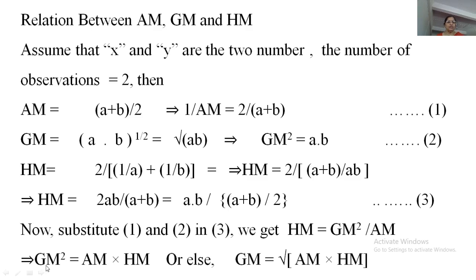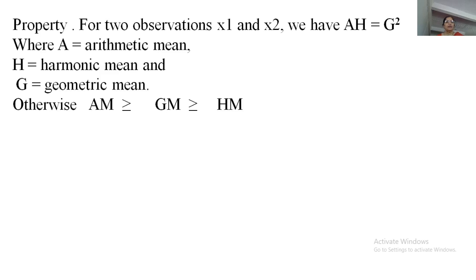You just put values here. So HM is equal to GM square upon AM, or GM square is equal to AM into HM, or GM is equal to the root of arithmetic mean into harmonic mean. So in this way you can show that in case of two observations a and b, GM square is equal to AM into HM.